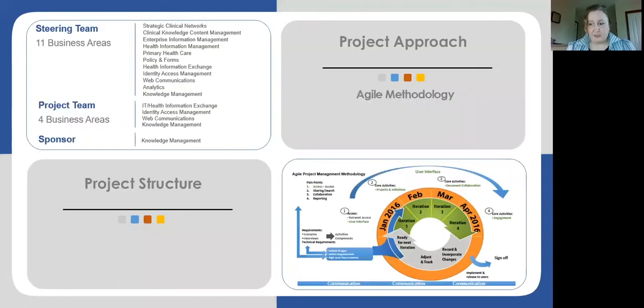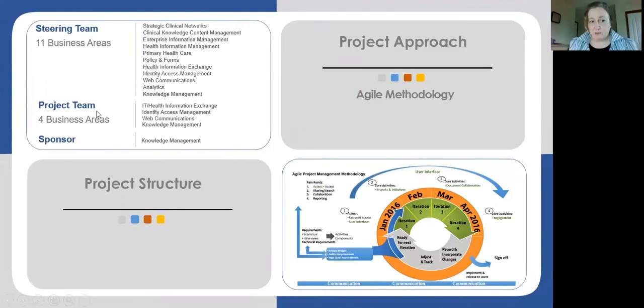Okay, a little bit about the structure now of the project. We are in the project structure now. If you remember, it was the pre-project, the project structure. We had the steering team. We involved 11 business areas.